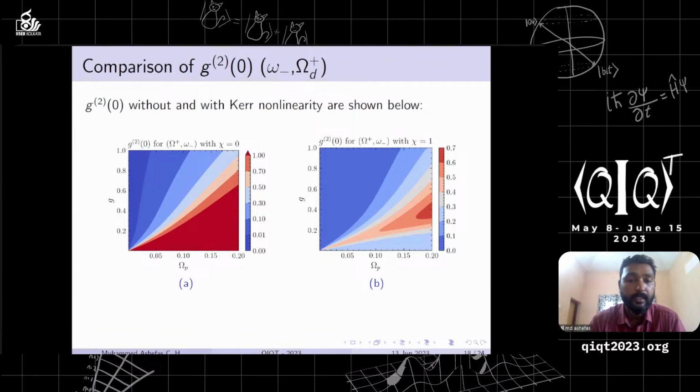So in all this region, the photon blockade effect does not occur. So for small g values and higher driving strength, the G2 of 0 is greater than 1, so photon blockade is not possible in this region. Whereas with Kerr medium, the photon blockade effect is possible in this entire region. So this is what we call the enhancement of the photon blockade in the presence of Kerr nonlinearity.